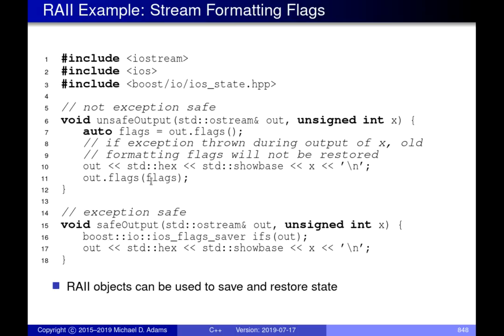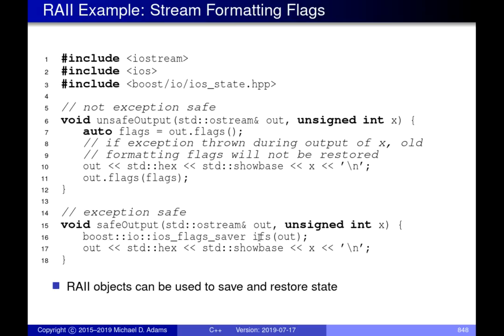So how can we fix this sort of problem? Well, again, we can apply RAII. The basic idea here is that we're going to use some type, and there's actually a type in the Boost library that does this because it's a very common thing to want to do. There's this RAII type called ios_flags_saver, which does what the name suggests. It saves flags for an IO stream. So we provide the output stream that we want to save the flags for, and it constructs an object.